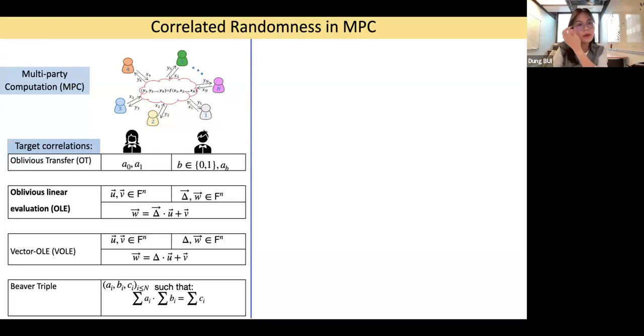In oblivious transfer, let's consider the two-party setting, so you have Alice and Bob.